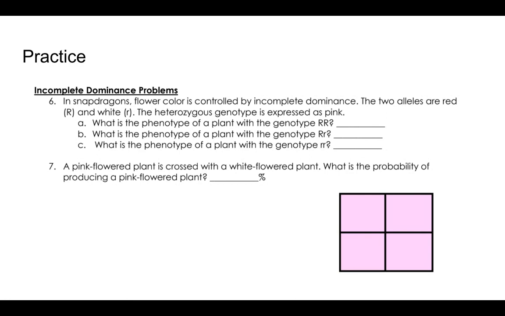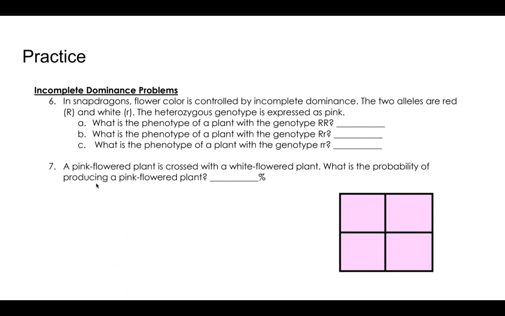So that could cue my brain to say this is incomplete dominance if the question hadn't already said it. So A says, what is the phenotype? Phenotype is the physical characteristic. What is the phenotype of a plant that is big R, big R? What is the phenotype of a plant that is heterozygous, big R, little r? And what is the phenotype of a plant that is little r, homozygous, recessive? So take a second and answer those.